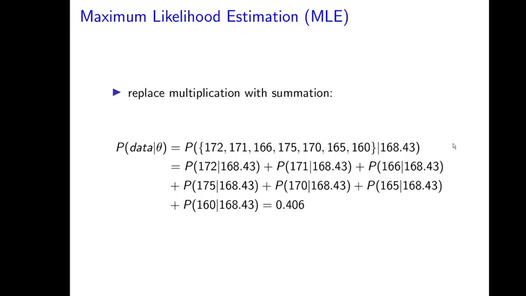So we will replace the multiplication with the summation, and after summing up these small probabilities for these 7 blood glucose values, we will find out that the maximum likelihood of this data sample is equal to 0.406. So it is about 0.41.